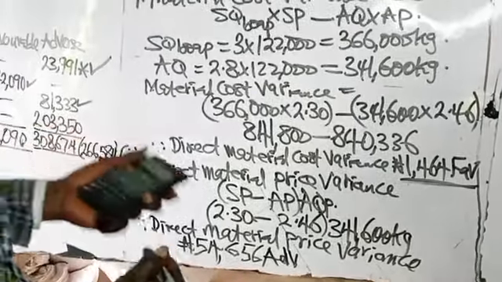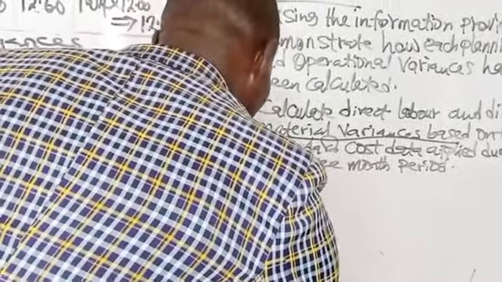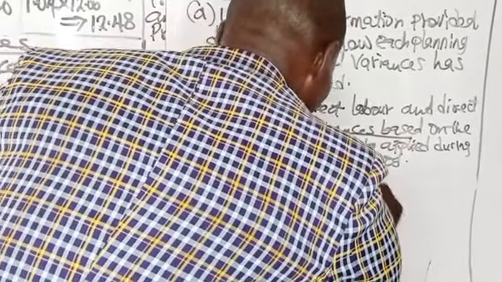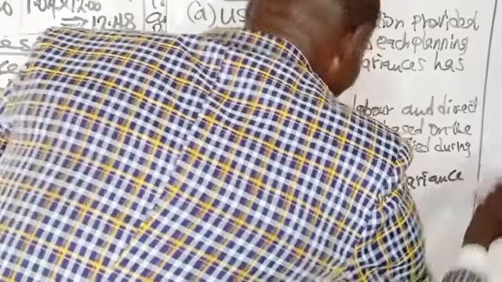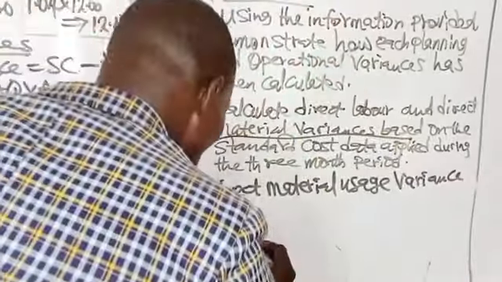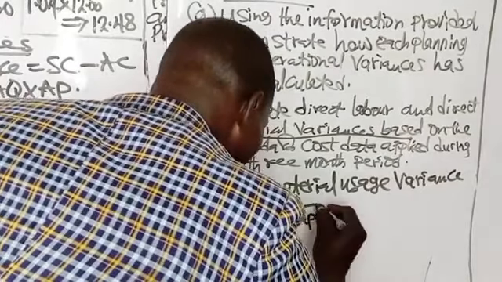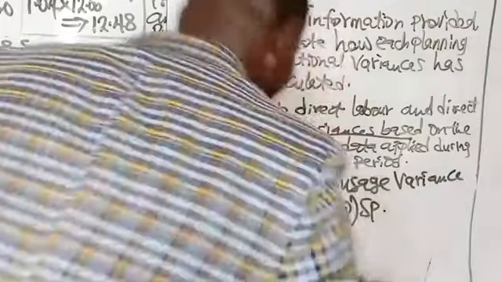Then you can equally calculate the direct material usage variance. I've told you that would be equal to the standard quantity based on actual production minus the actual quantity multiplied by the standard price.